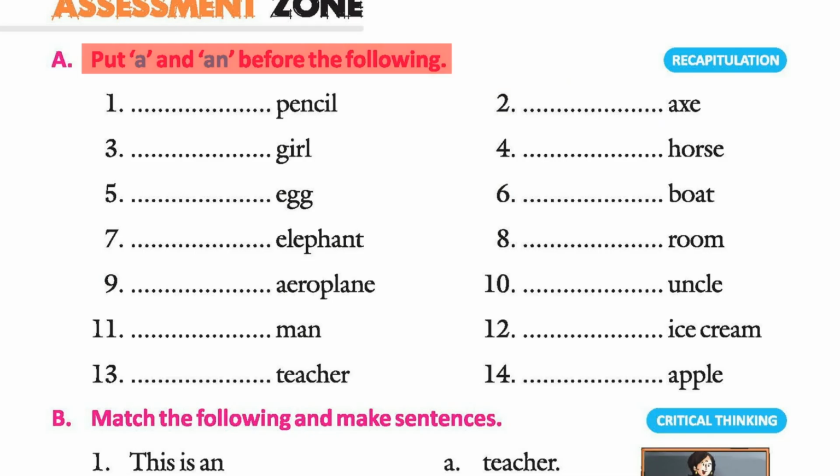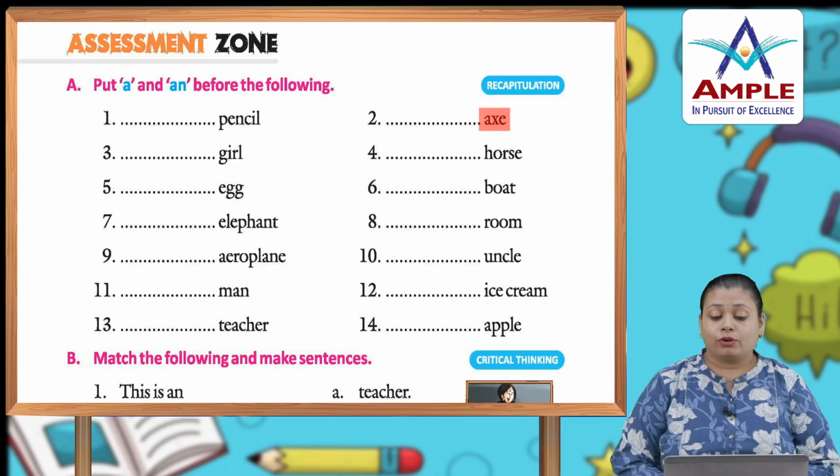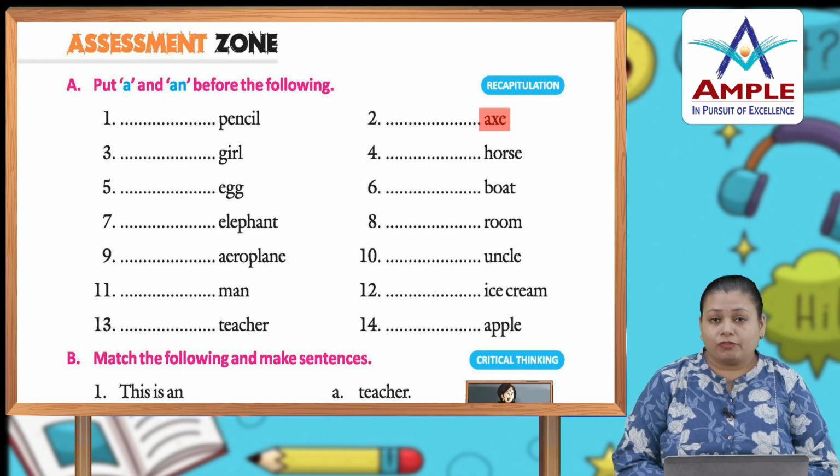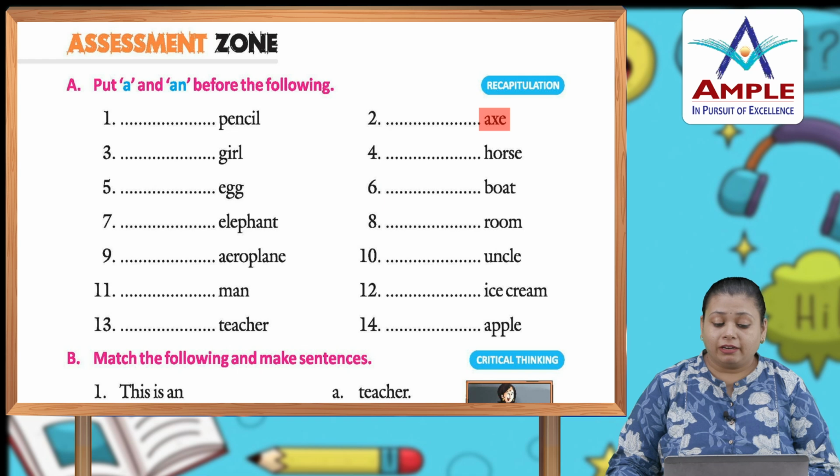Number 1 is a pencil and number 2 is an X, because X starts with the vowel sound, and pencil starts with the consonant letter P. So we use A before pencil and An before X. Numbers 1 and 2 are done for you; the rest you do on your own and find out where you have to put A and An.